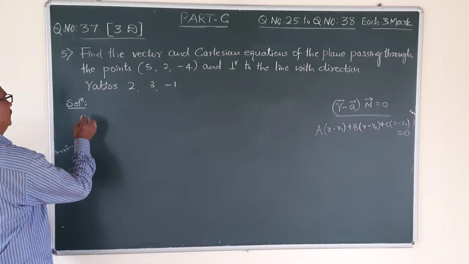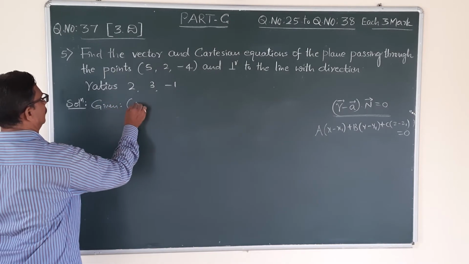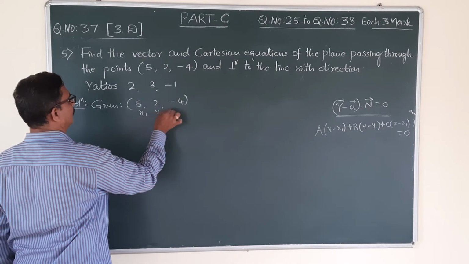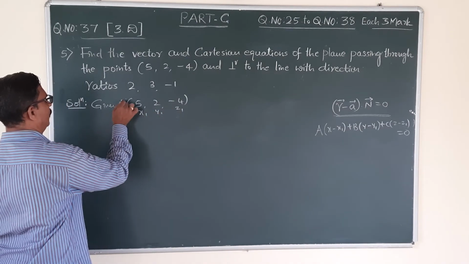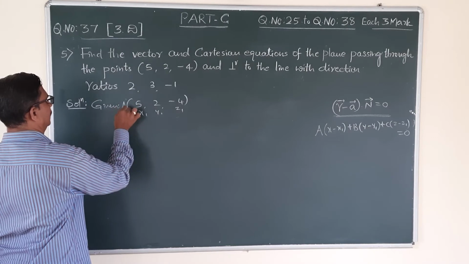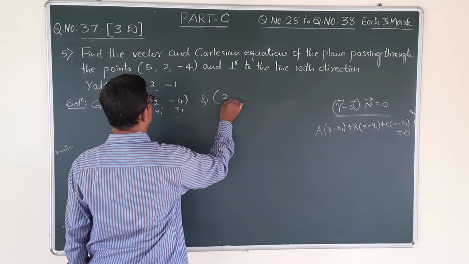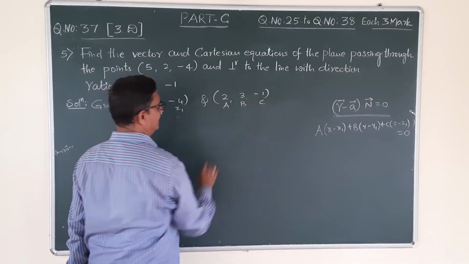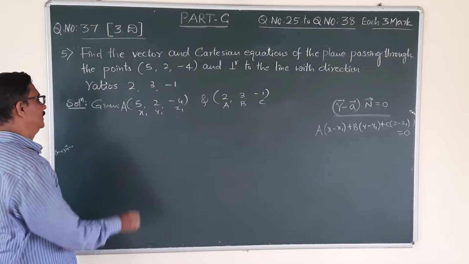Here, given that the plane passes through the point (5, 2, −4), call it x1, y1, z1. Say A is a point. And here the direction ratios 2, 3, −1, call them a, b, c, the direction ratios.